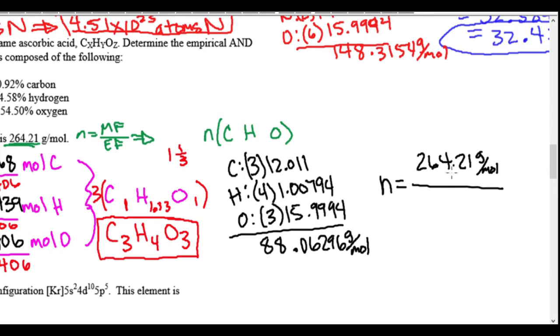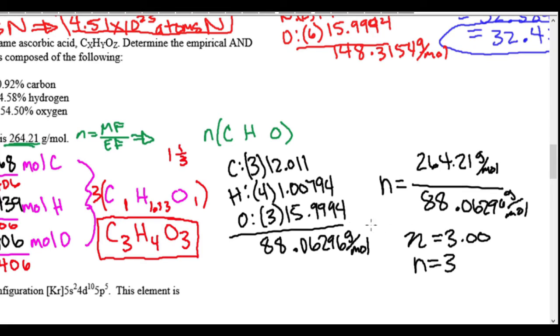So if we take the given 264.21 and divide it by the 88.06296 grams per mole, our n is going to equal 3.00 something. So our n is 3.